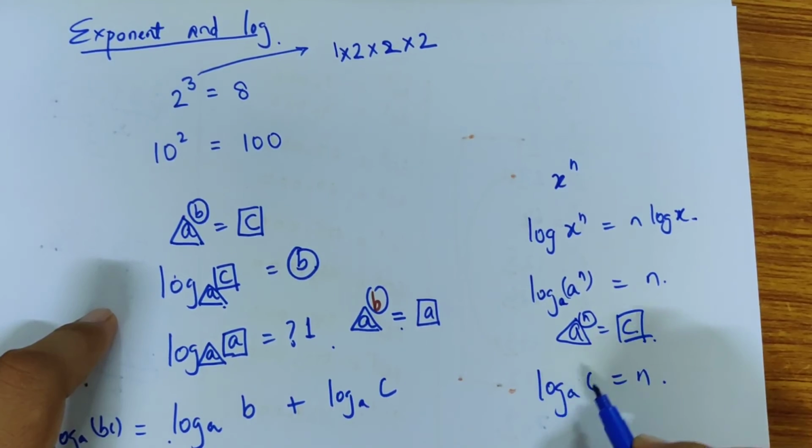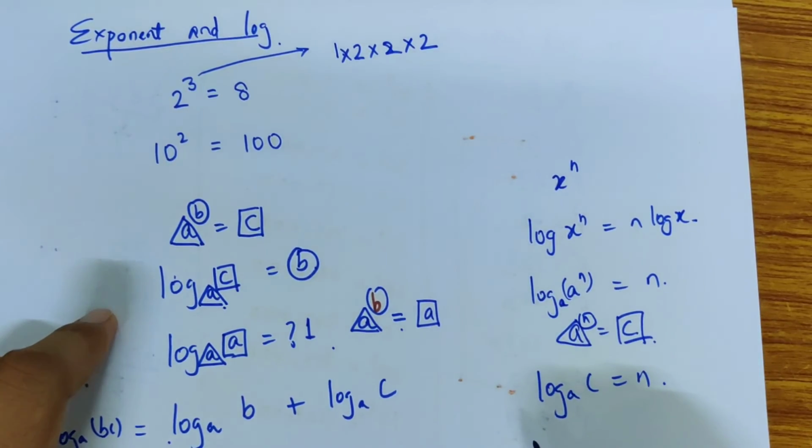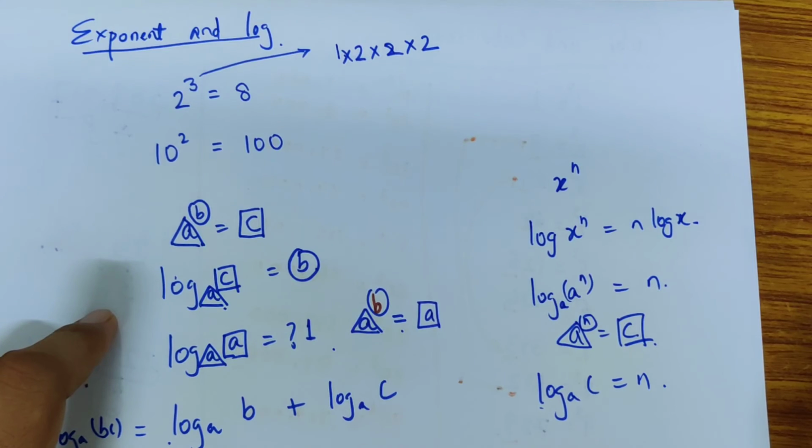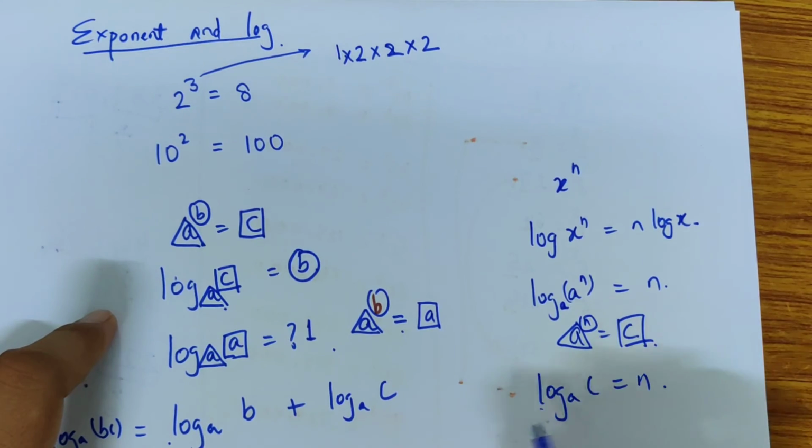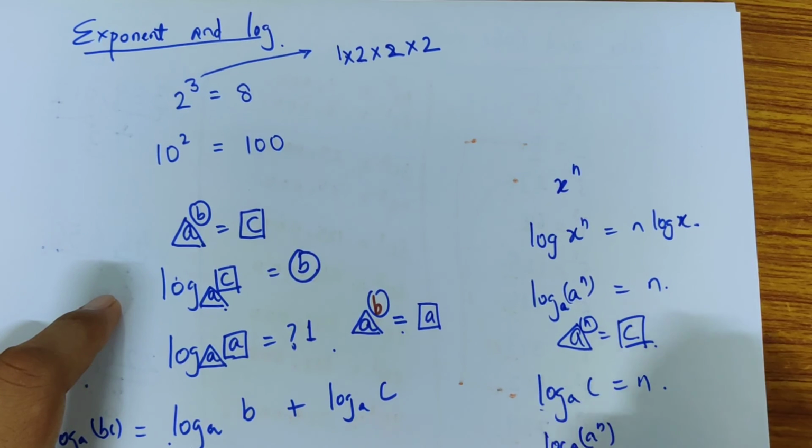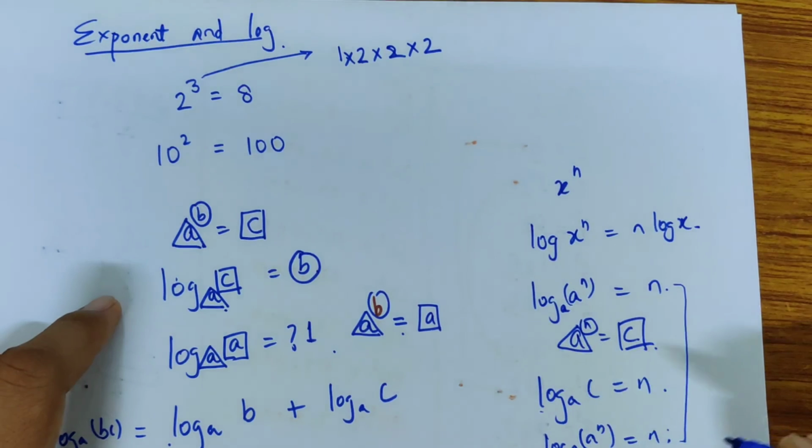So if I write a power n as c, then I know log of c to the base a is n. There is no confusion in this. This is equal to n. So that's the definition of log.